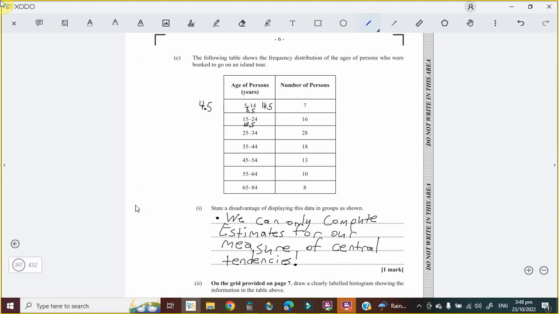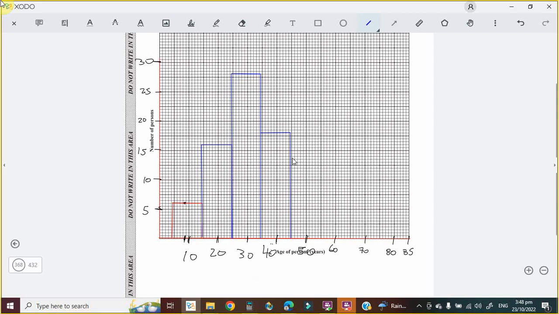Now we'll go 44.5 to 54.5. The frequency now is 13. So we'll go 13 is the frequency. 13 is here. I'm going across to 54.5.